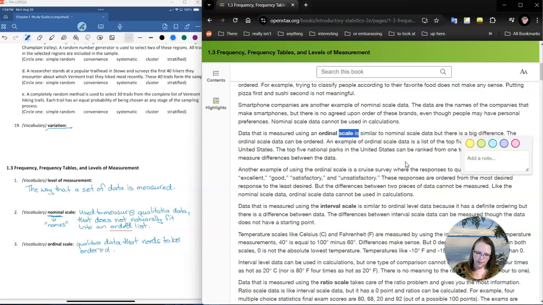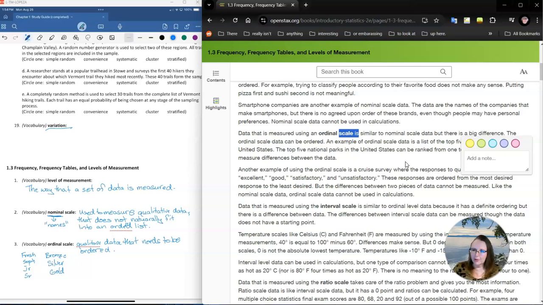And so that would be things like freshman, sophomore, junior, senior. There is an order there. If we were keeping track of medals at the Olympics, bronze, silver, gold, there is an order there.